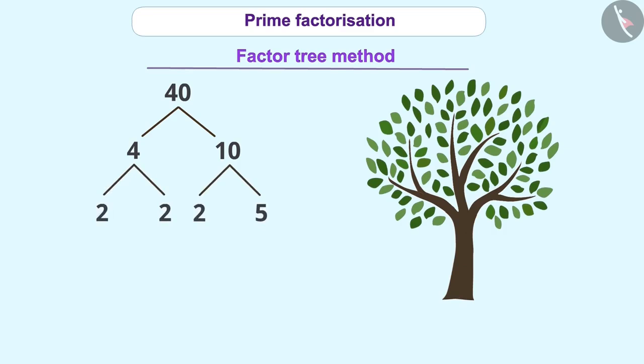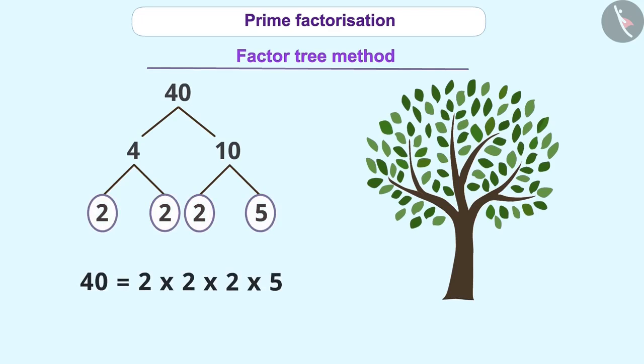At last, we will reach a stage where leaves cannot be further divided. In the same way, we get into this situation by obtaining small factors where we cannot express any of them into smaller factors. At this stage, we get the prime factors of the given number. Isn't it an interesting method?